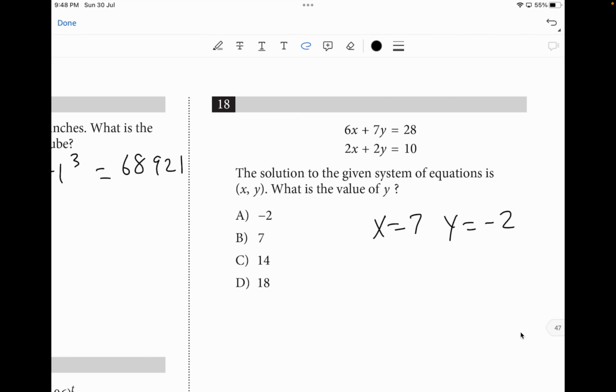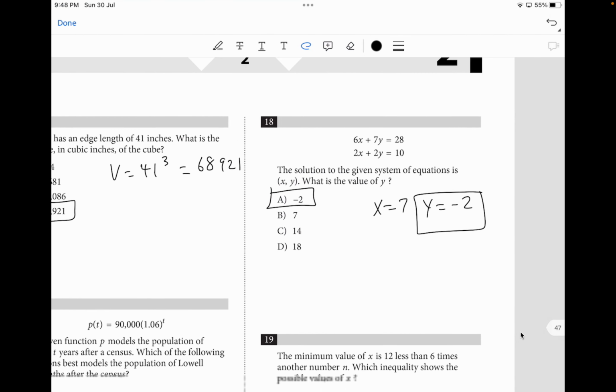So y is going to be -2, and option choice A is the correct answer for question number 18. By the way, do check out how to find solutions to two equations using a calculator. It should be somewhere online for you to check out.